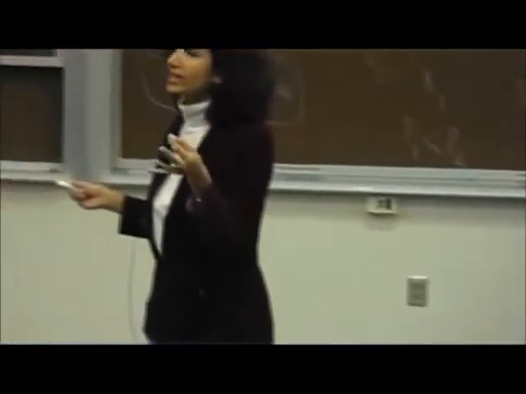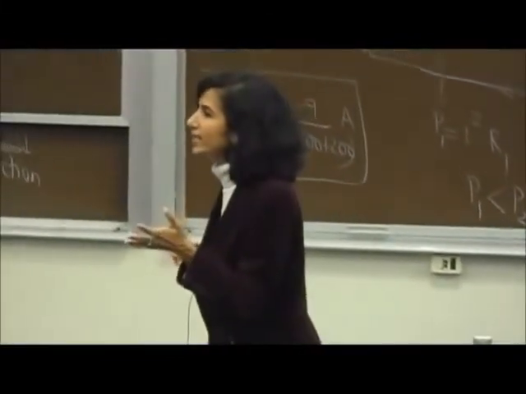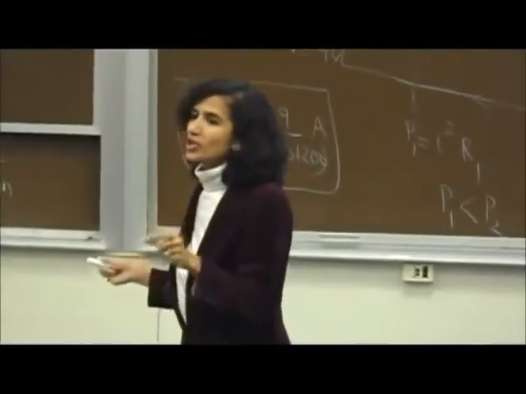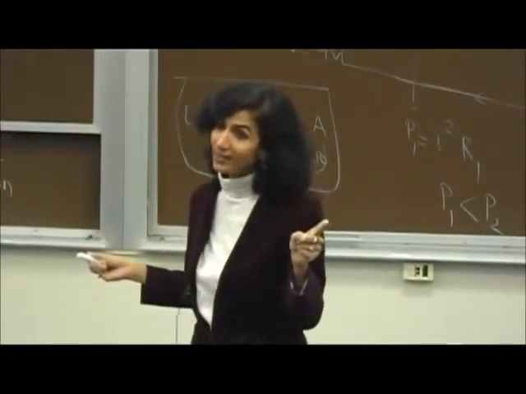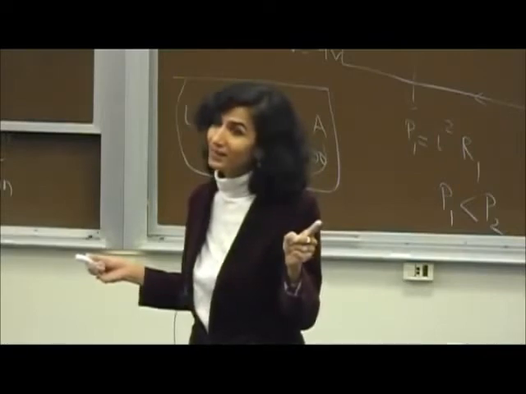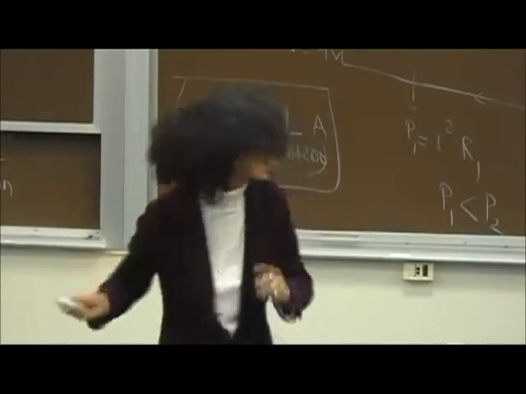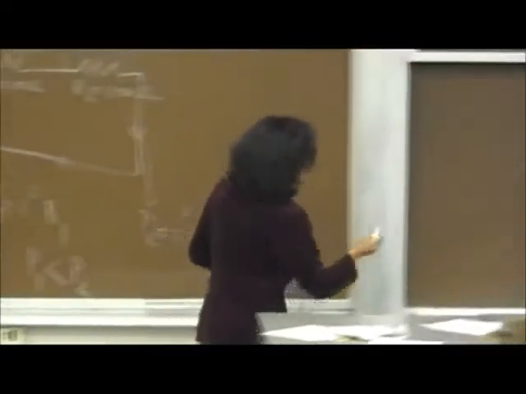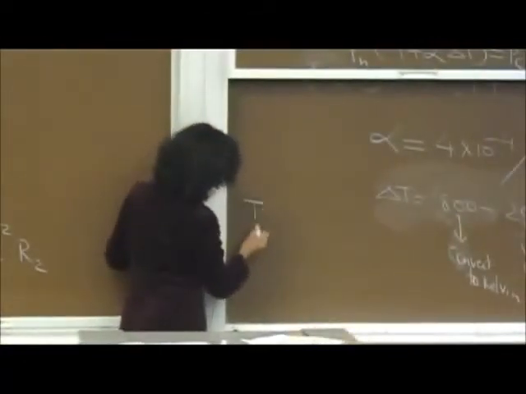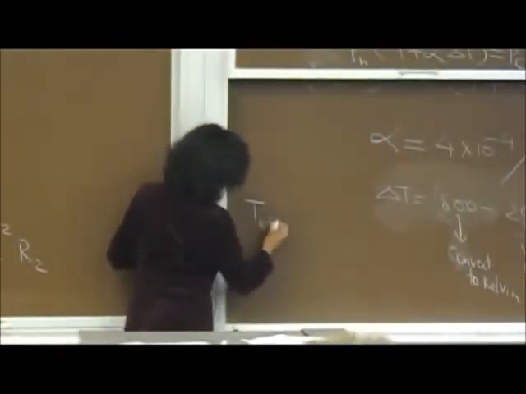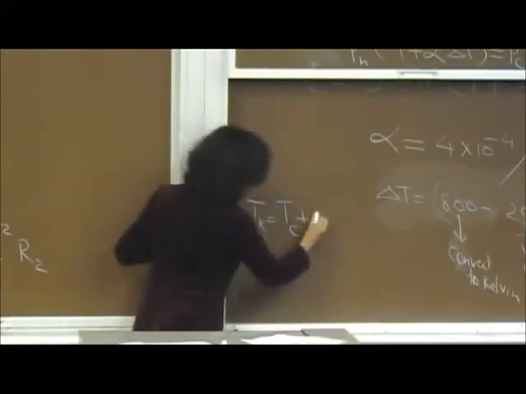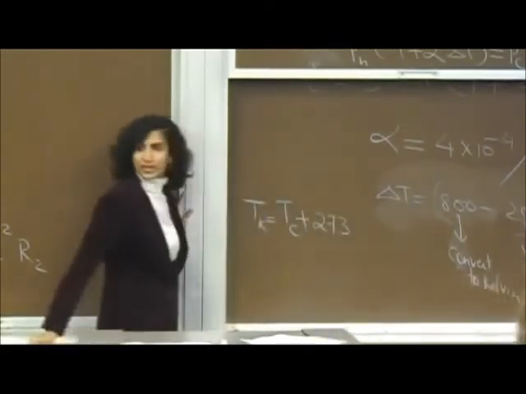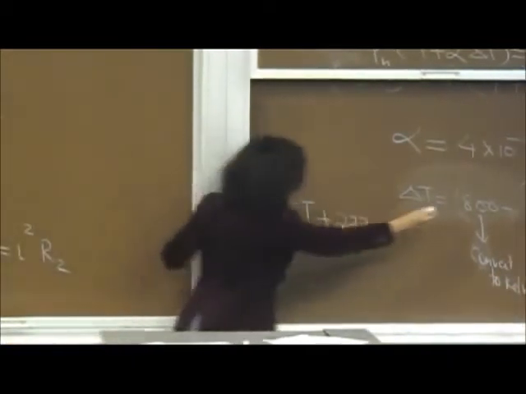Does everybody know what is the difference between Celsius scale and Kelvin scale? Tell me. So basically we are saying that T in Kelvin is equal to T in the Celsius scale plus 273, right? So what would be this temperature?